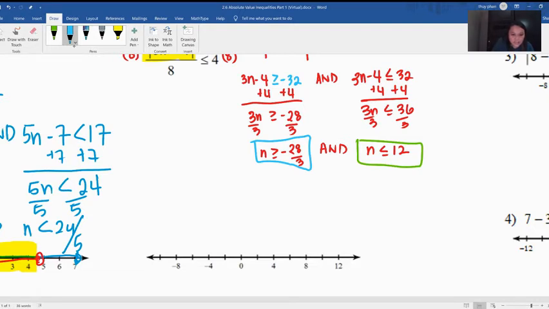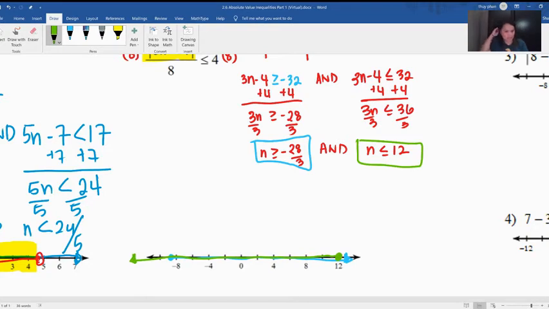So let's say it's about right here. Okay, so it's going to be a closed point, and it's going greater than. So it's going to go greater in this direction, all the way. And then we have n is less than or equal to 12. So at 12 is going to be another closed point, and it's going in this direction.